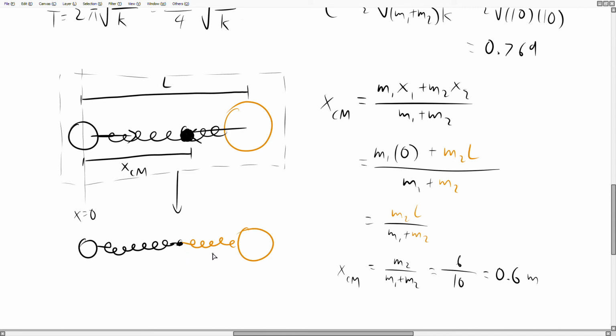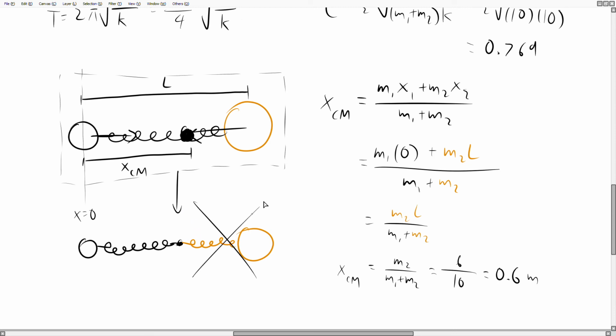Now, because of having two separate springs, we are now able to go back to the problem which we are familiar with, which is a spring connected to one object. And since this pivot point doesn't move at any time in the system at all, we can say that this point is stationary and that we can really disregard the effects of the other half of the problem.